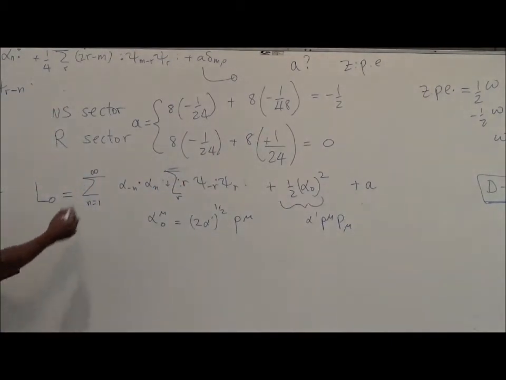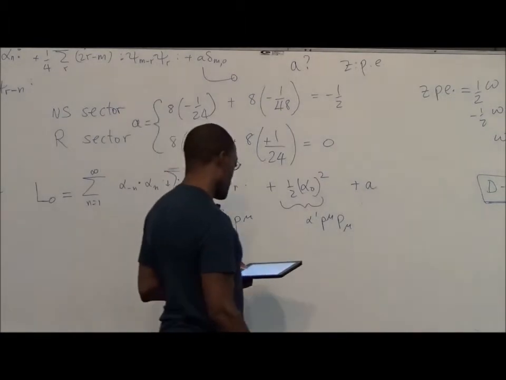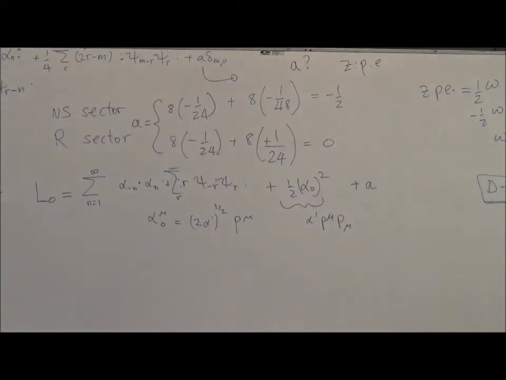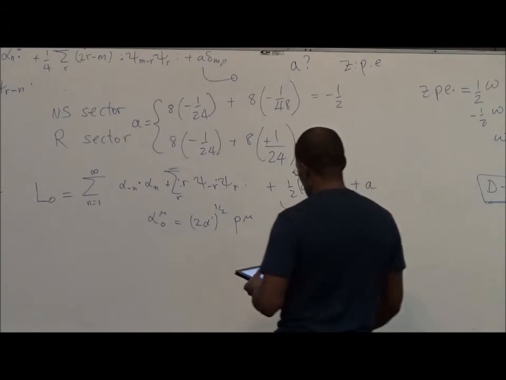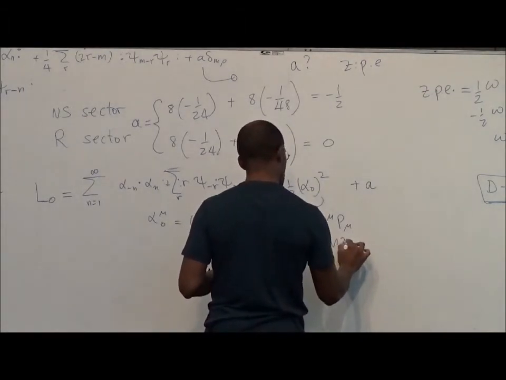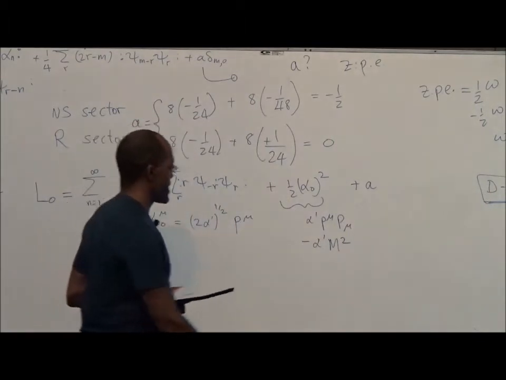For shorthand, I could have just put brackets and some of the as well. But the point is that p mu squared is minus m squared, in the space-time sense. And so I can write this as minus alpha prime m squared, m in space-time.